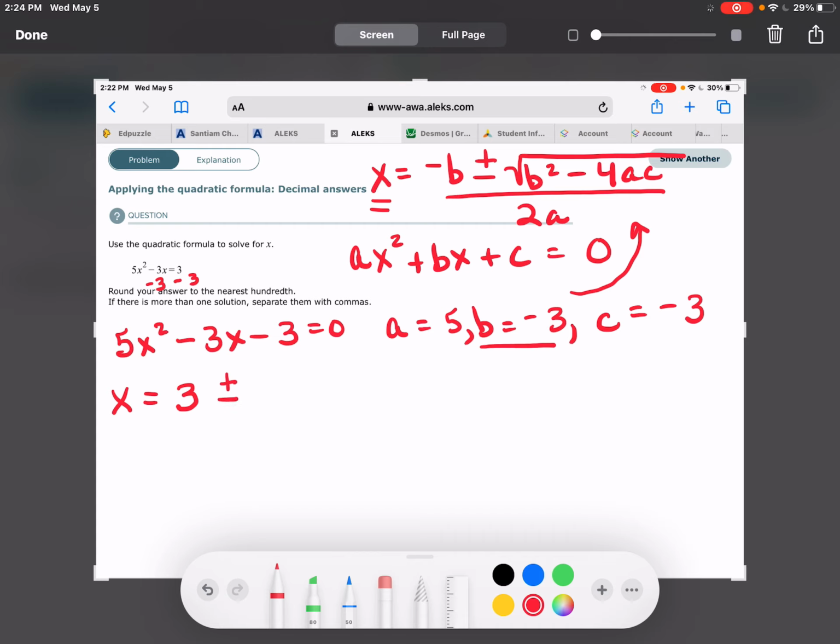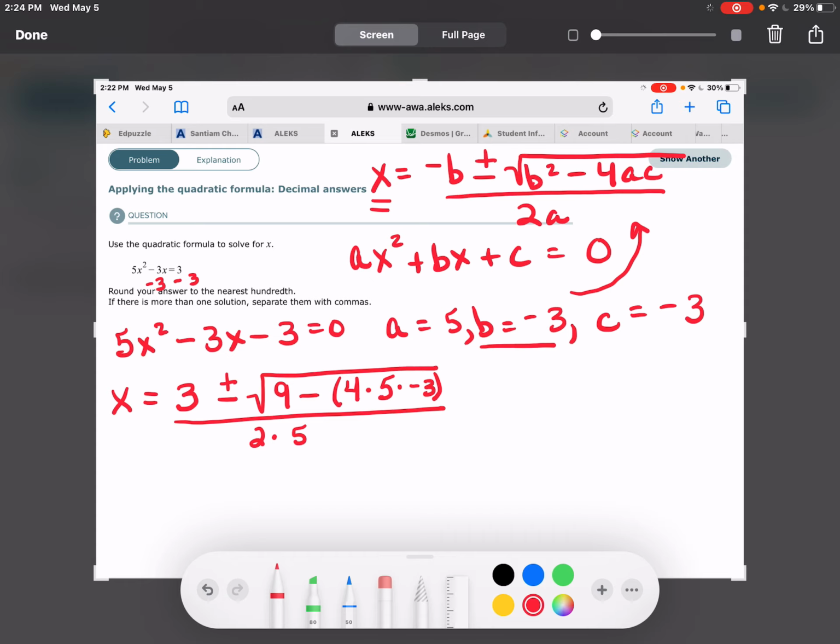Plus or minus, because often we have two answers, the square root of b squared, which is negative 3 times negative 3, which is 9, positive, minus, sometimes I use parentheses here, 4 times a, which is 5, times c, which is negative 3. And all of this is over 2 times a, which is 5. I'm going to go back and just double check a and c, because sometimes I get the numbers in the wrong place, and that's no fun.